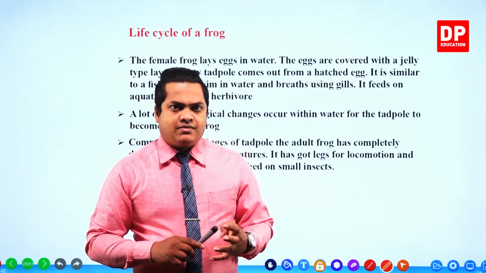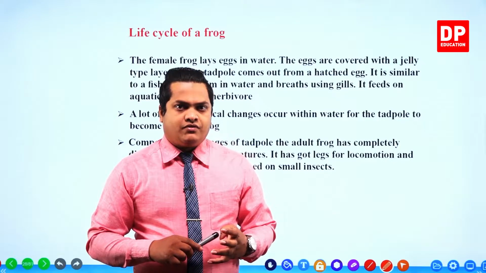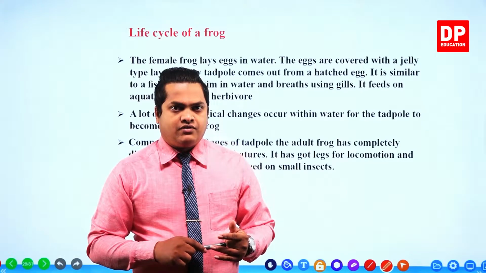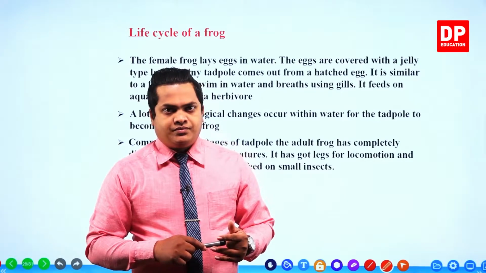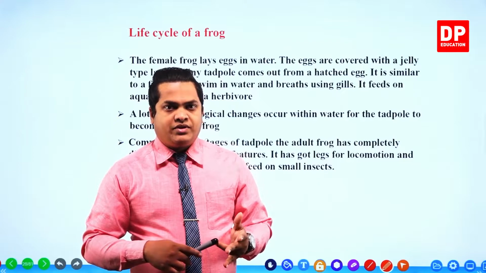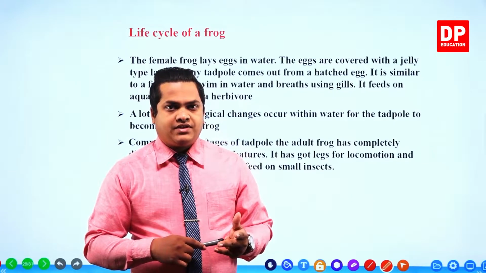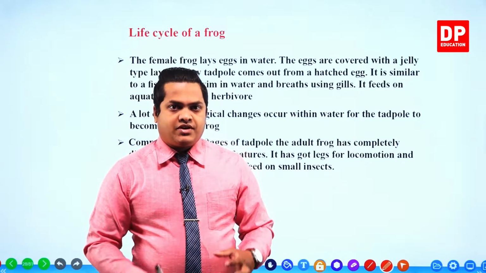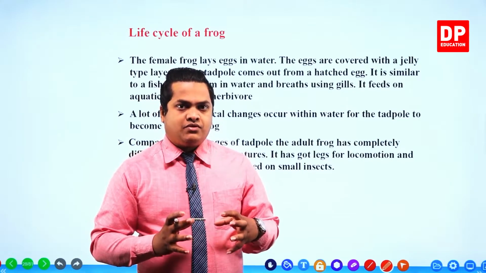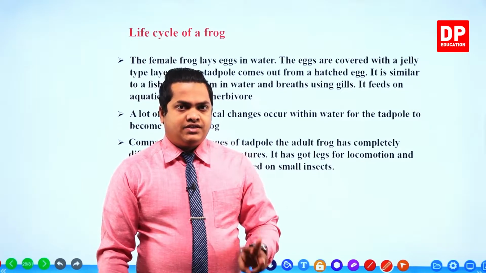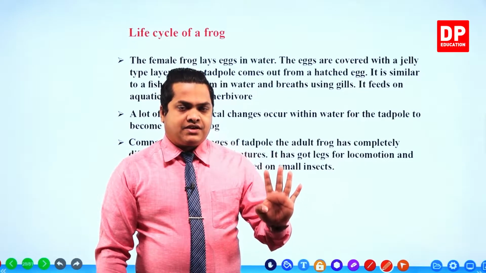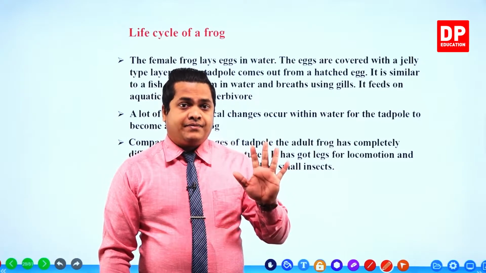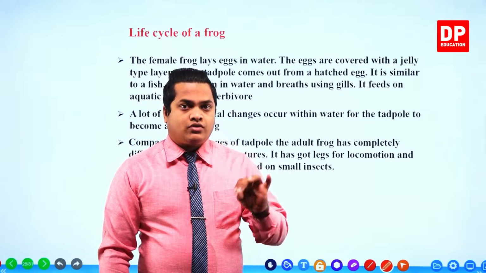We'll be discussing the life cycle of a frog, the life cycle of a butterfly, and the life cycle of a mosquito. Within the lesson you may get to know there's a different life cycle of the fruit fly and so on, but mainly we are focusing on the life cycle of these three organisms: the frog, the butterfly, and the cockroach.